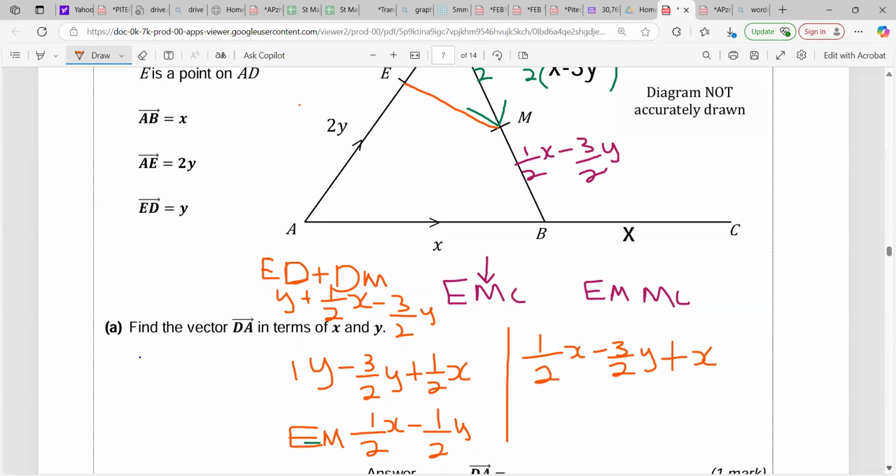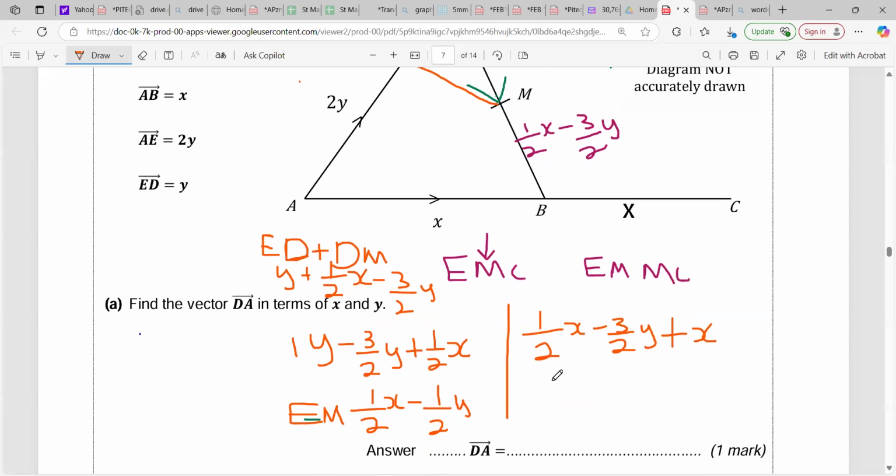All right. So now we group the like terms. So it'll be half X plus 1X. It's a 1X, right? And then we minus the 3 over 2.